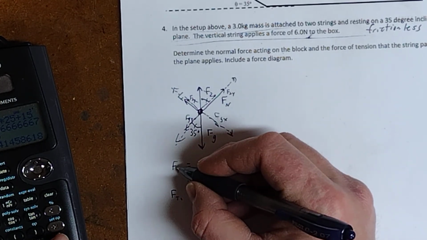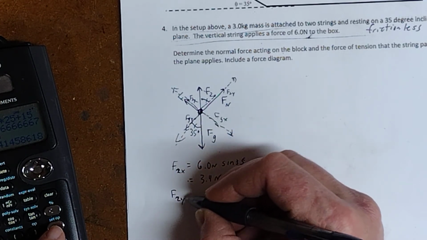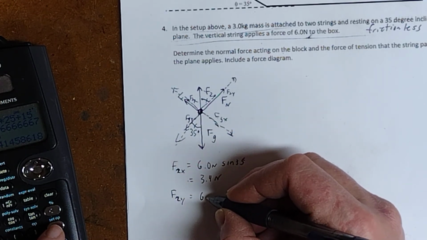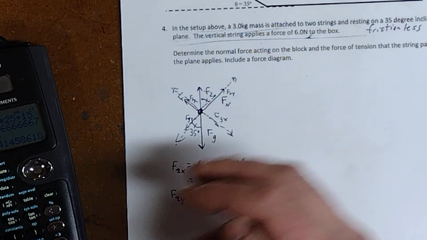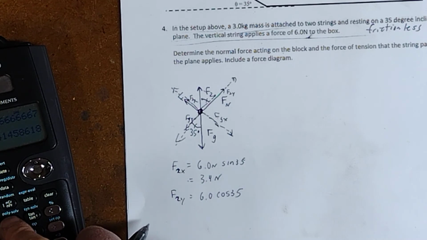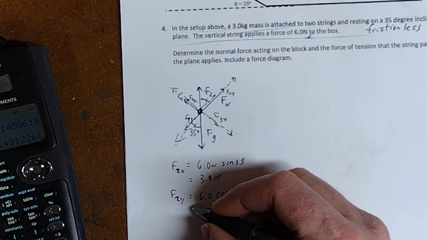F2y is going to be 6.0 times the cos of 35, which is about 4.9.